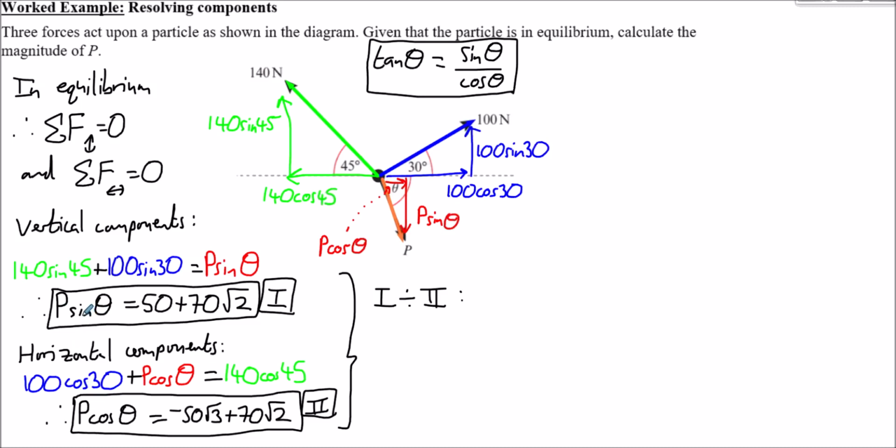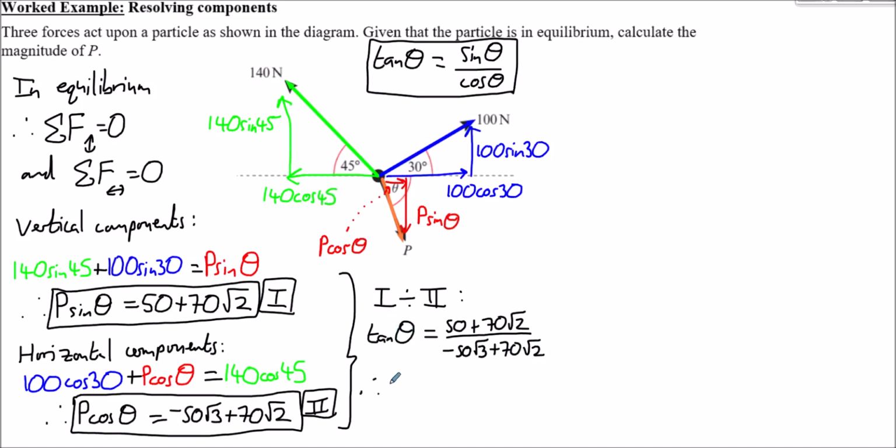I'll have sine theta divided by cos theta, which gives me tan theta. So then I'll get tan theta equals 50 plus 70 root 2, all divided by this minus 50 root 3 plus 70 root 2. So what we can do is inverse tan this.